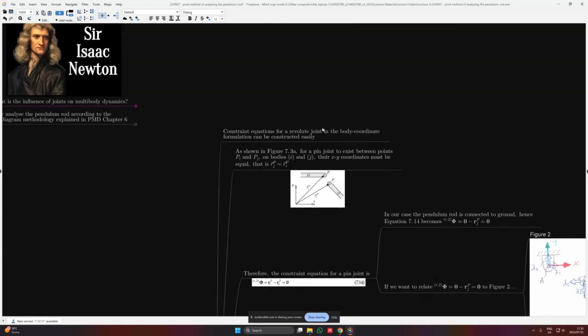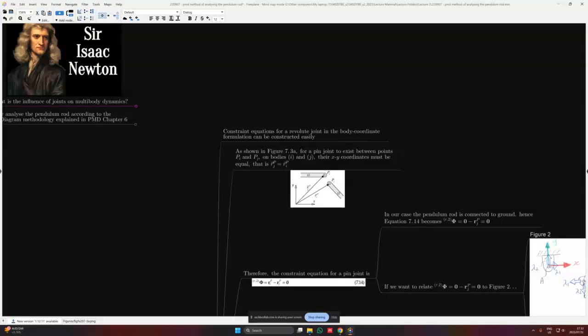Now, constraint equations for a revolute joint in the body coordinate formulation can be constructed fairly easily. It's one of the easier types of joints that we have available. As shown in figure 7.3a, which is this figure that we have over here, for a pin joint to exist between points Pi and Pj on bodies i and j, their x and y coordinates must be equal, such that we essentially construct a vector where rjp is equal to rip.